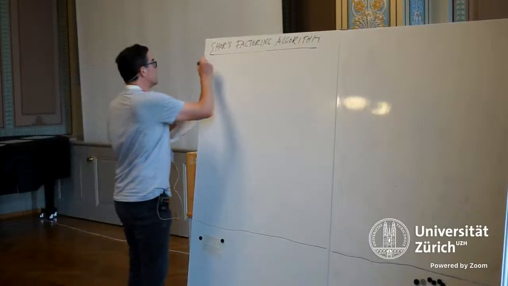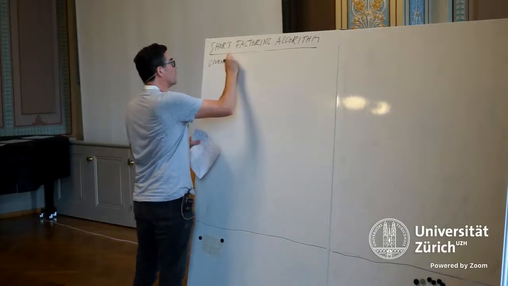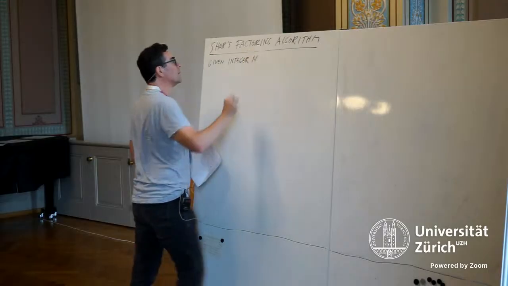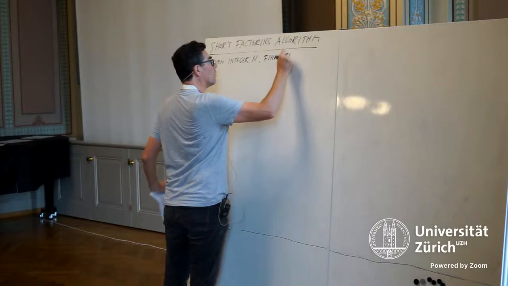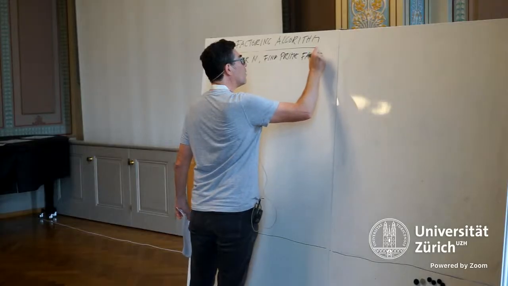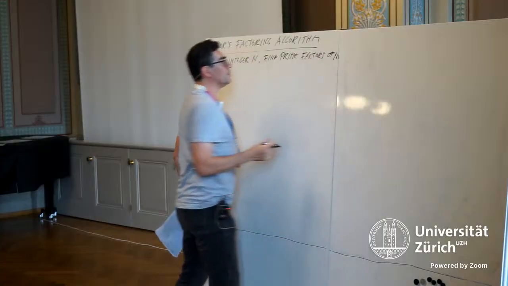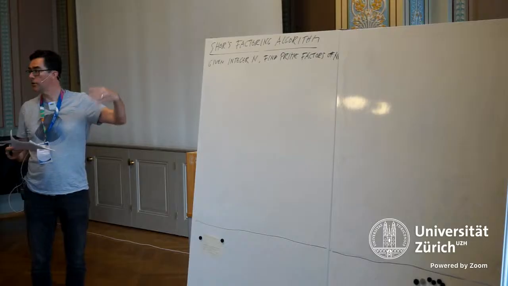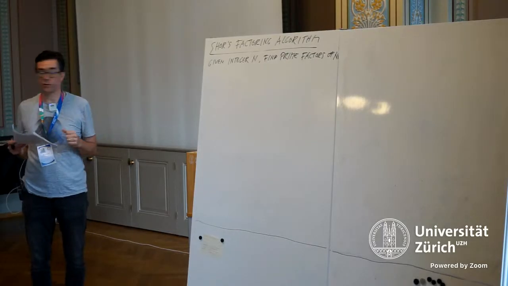So given an integer N, find the prime factors of N. And in fact, it's good enough if you have an algorithm that finds one prime factor, because then you can just divide that out and continue with the resulting smaller number and find a factor of the smaller number, etc.